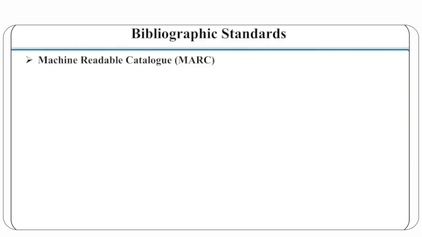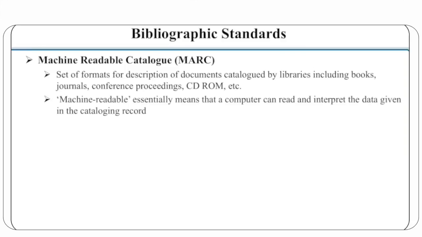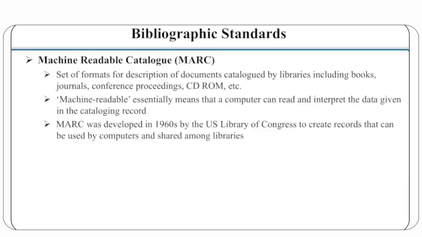MARC, or Machine Readable Cataloging Standards, are a set of formats for description of documents cataloged by libraries, including books, journals, conference proceedings, CD-ROMs, etc. Machine readable essentially means that a computer can read and interpret the data given in the cataloging record.